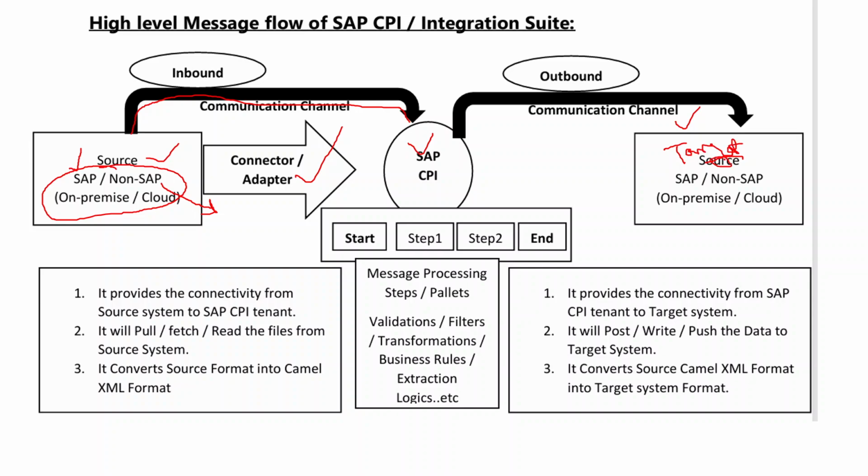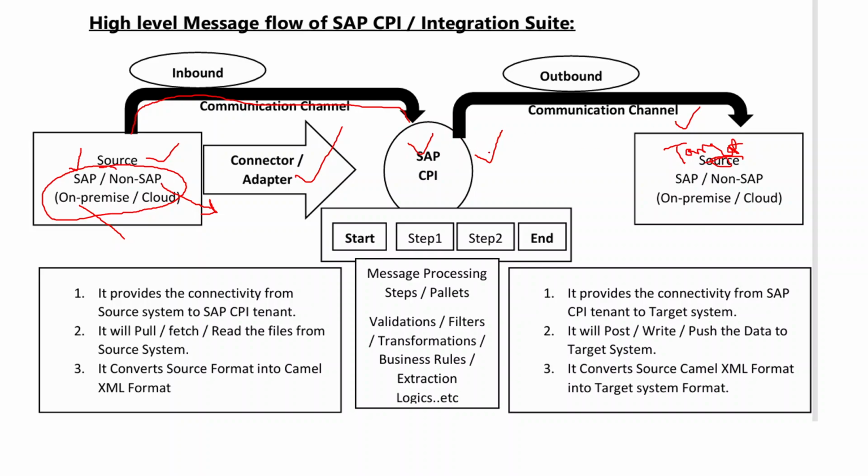This is target, guys, not source. Target systems. Now you may have a doubt. This integration tool is entirely based on cloud architecture. What if in my landscape there is an on-premise application? How is our integration suite going to establish connection with the on-premise application?